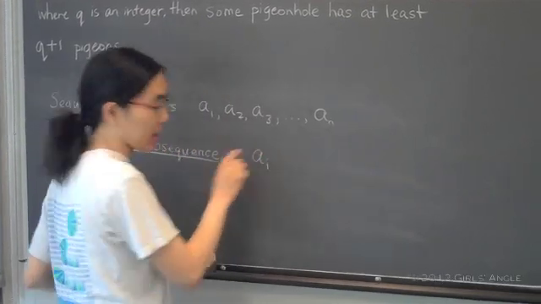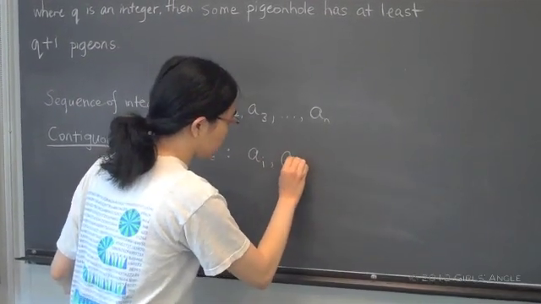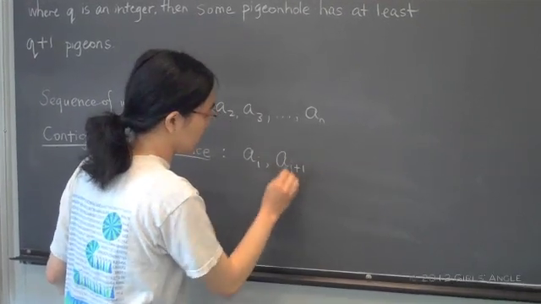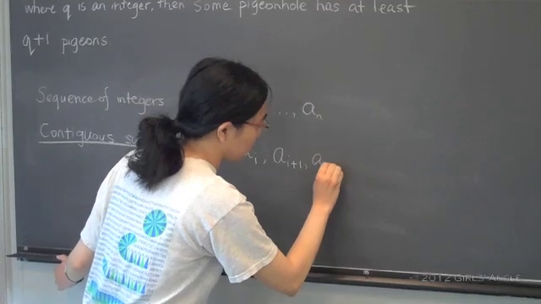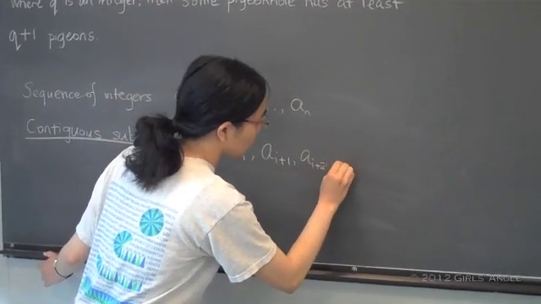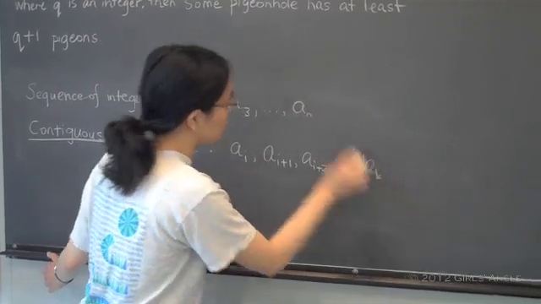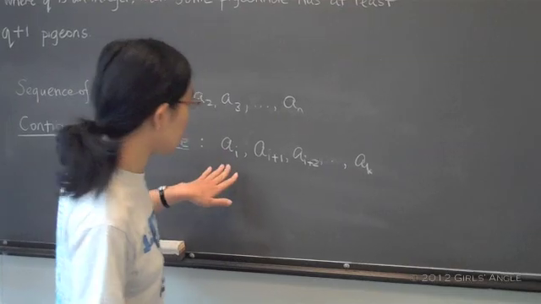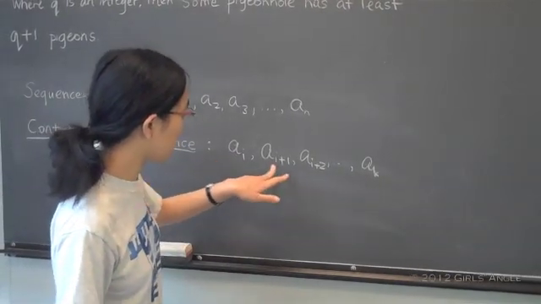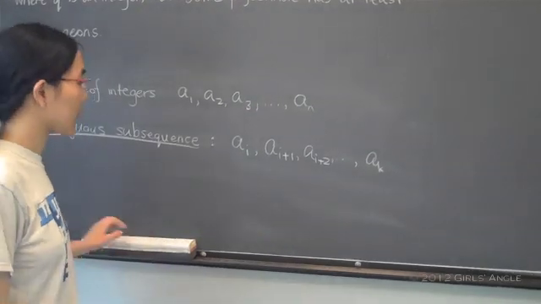So I start from the ith term in the sequence, and then I take the term immediately following that in the sequence, the term immediately following the previous one I took, all the way until some term AK, which doesn't have to be the same as the final term of the sequence. And the key point here is that I mustn't skip over any term in the sequence when taking the subsequence.